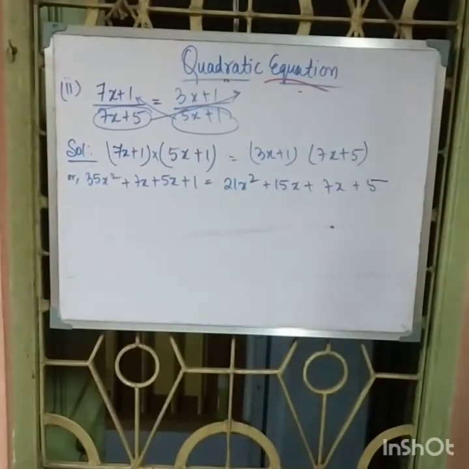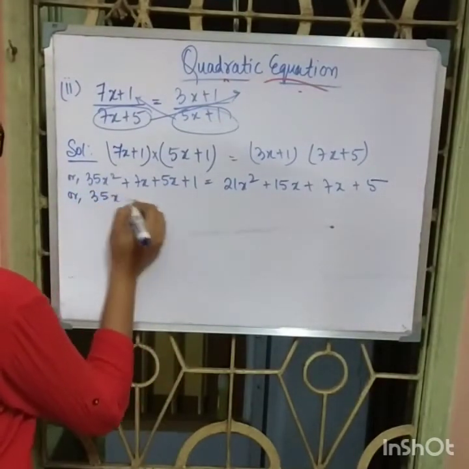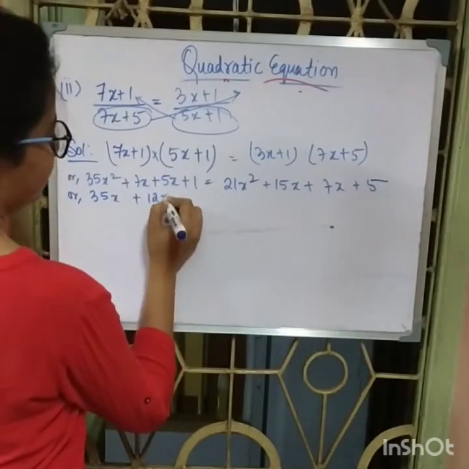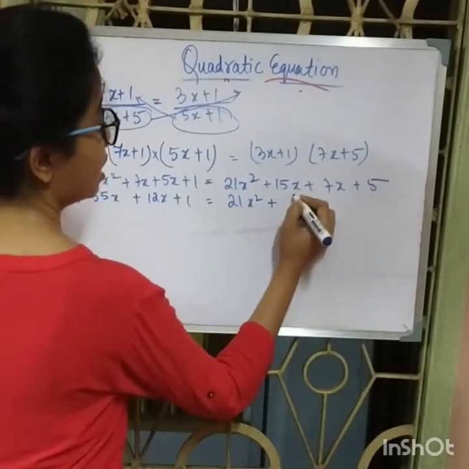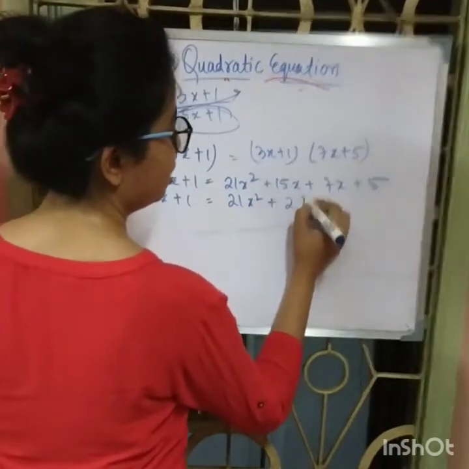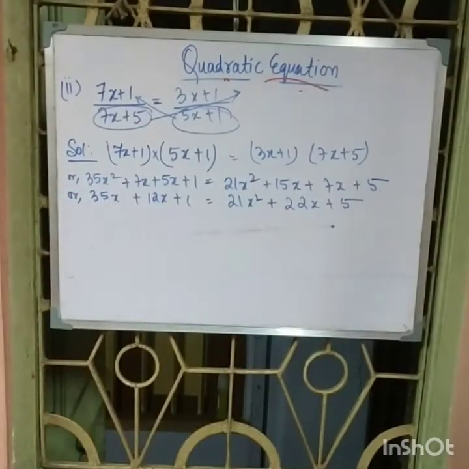Simple multiplication. Okay. Now 35x square, this comes to 12x plus 1, and it's 21x square plus this comes to 22x plus 5. Okay, I hope no problem.